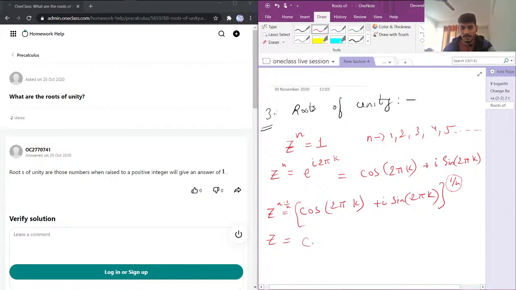So my z will be equal to cos of 2 pi k over n, since I'm multiplying with 1 by n, plus i times sine of 2 pi k over n.